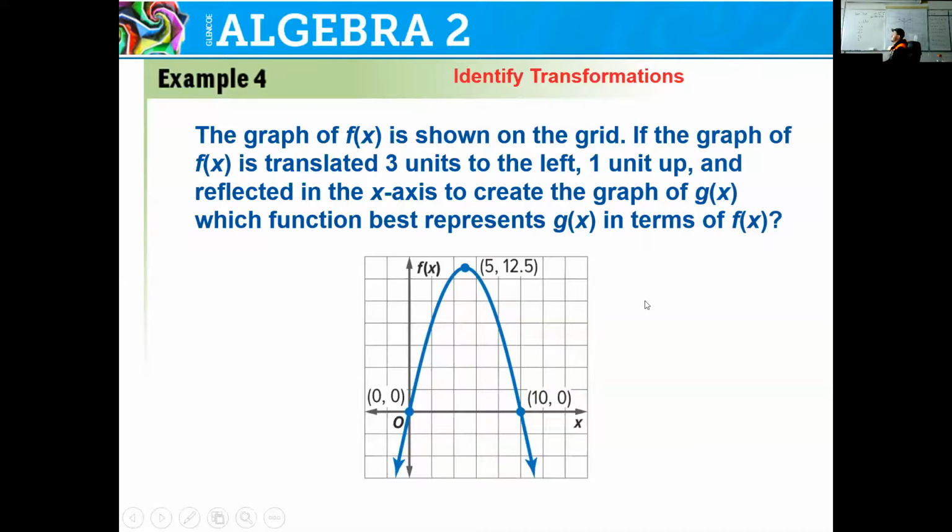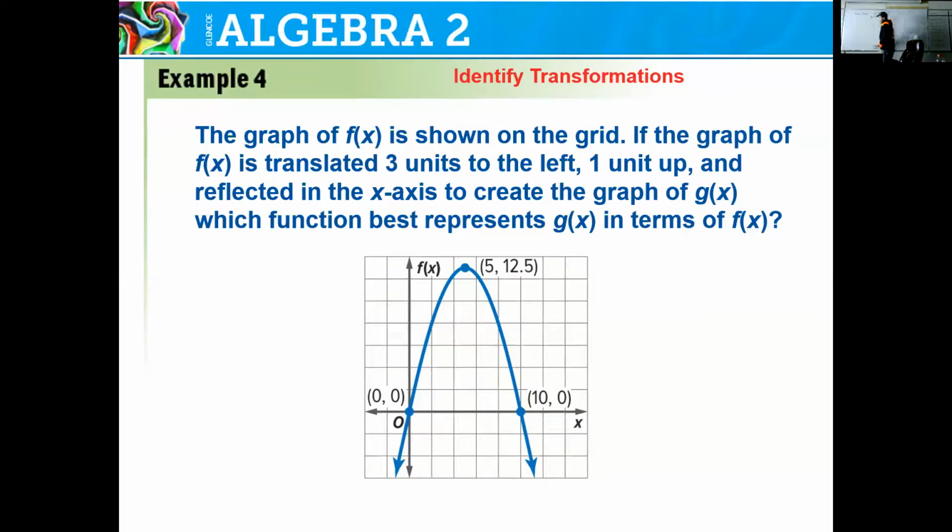Okay, so this one, this is where I don't necessarily like these questions, because they want you to assume that that graph is the parent graph. Okay, the graph that's listed.